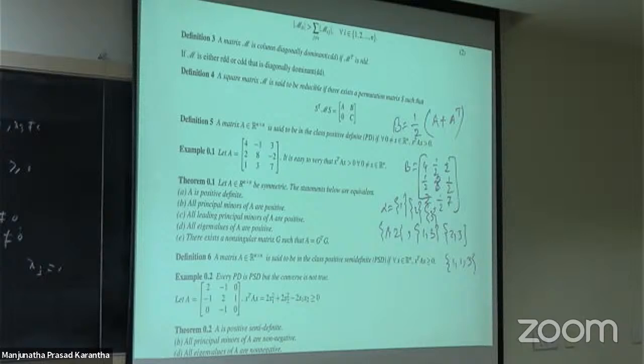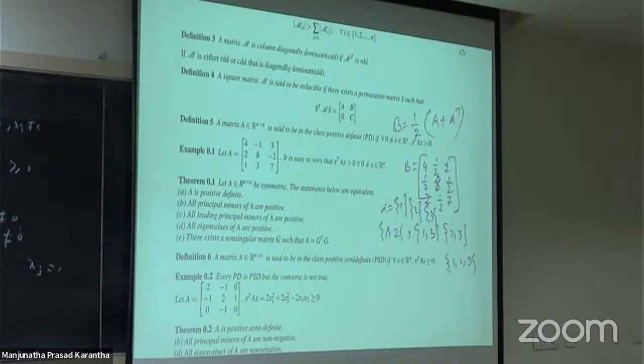Then 1, 3: 28 minus 4, 24, that is positive. And then 2, 3: 56 minus 1 by 4, that is also positive. And the determinant is also positive.